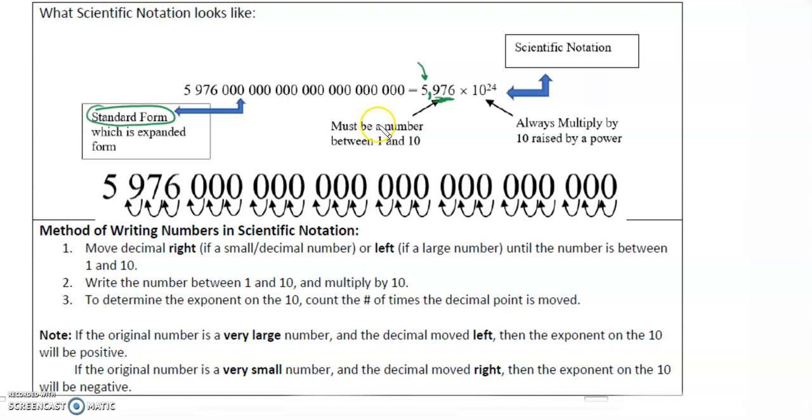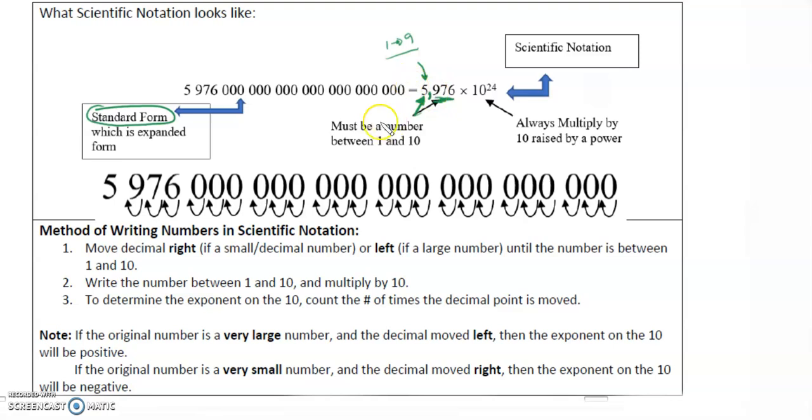So the number must be between 1 and 10. It can be 1 to 9, basically. And then this is going to be multiplied by 10 to the exponent 24. This is always going to be 10 to some exponent, and it's going to be either positive or negative.